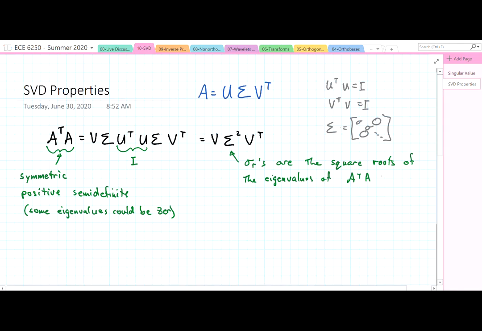And so we can then relate this to our previous decomposition. I should also note that the sigmas are the square roots of the eigenvalues of that, but it's actually of the non-zero eigenvalues of that.